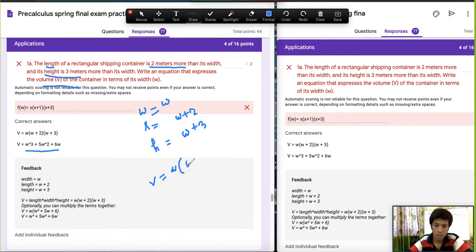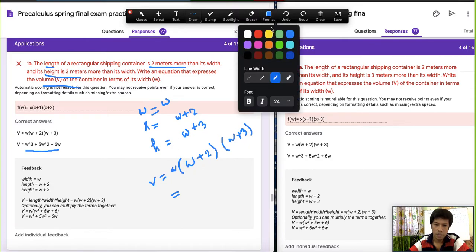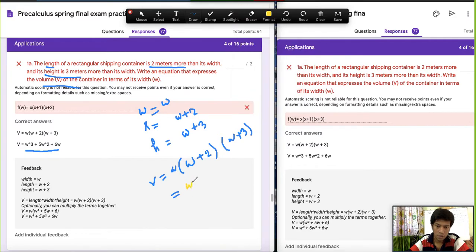If you multiply it, first multiply these two. W into W means W square, then plus 2W.